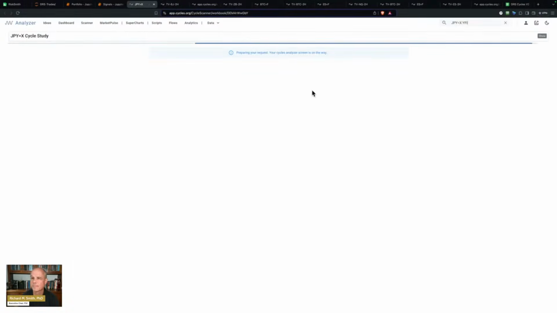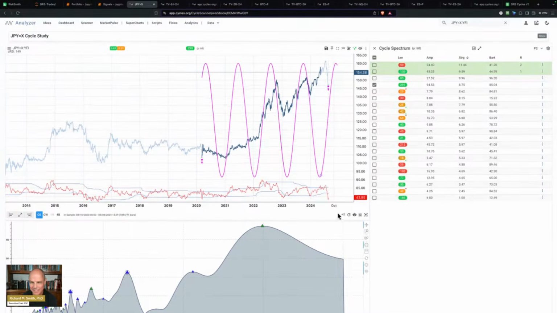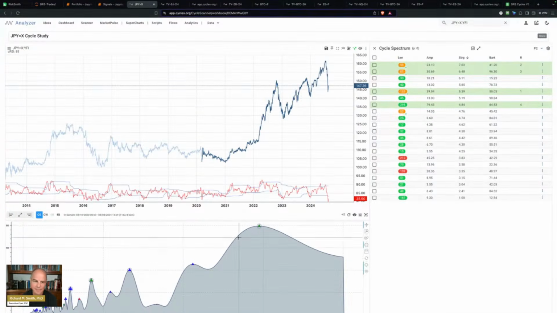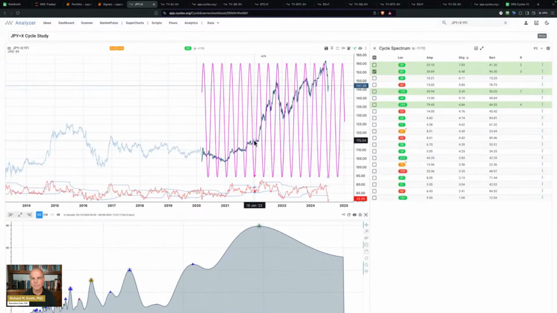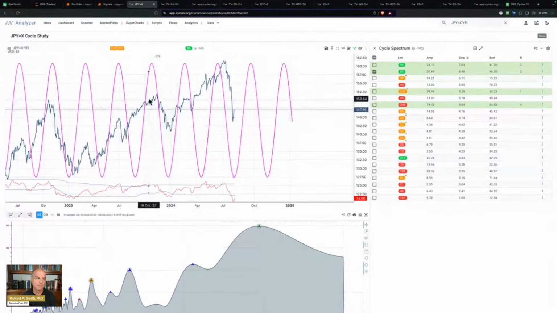All right, now I have to explain something here, that this is inverted from the yen futures. So on the dailies, okay, this is the USD JPY ratio.